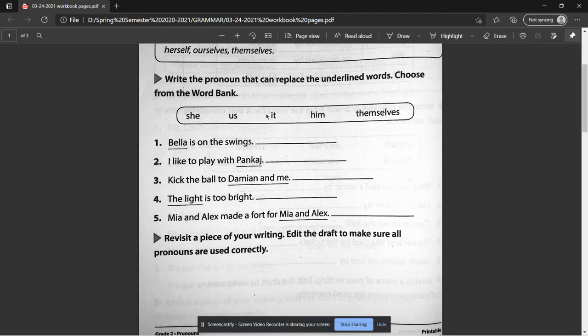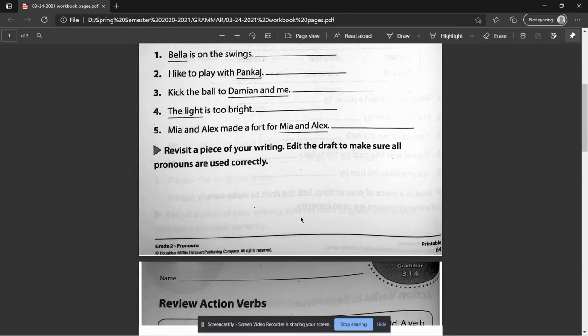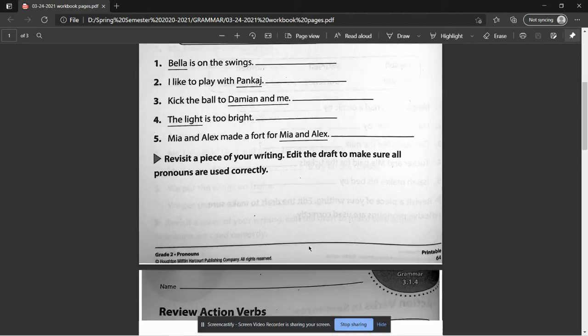Remember, this pronoun is used for things, for objects. It's not for people. And then the last one, Mia and Alex made a fort for Mia and Alex. Mia and Alex made a fort for themselves. So those are the answers for page 64.